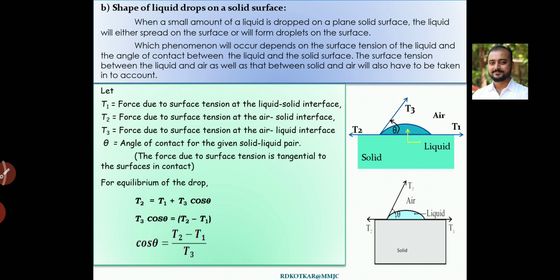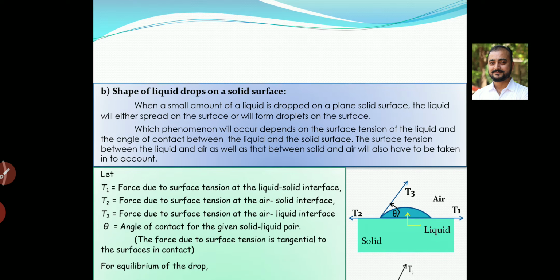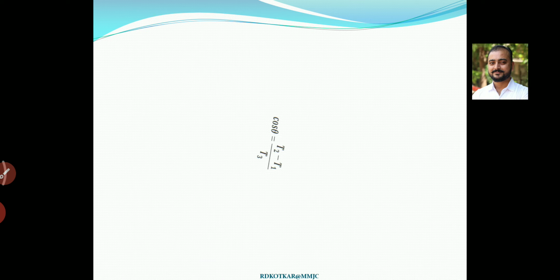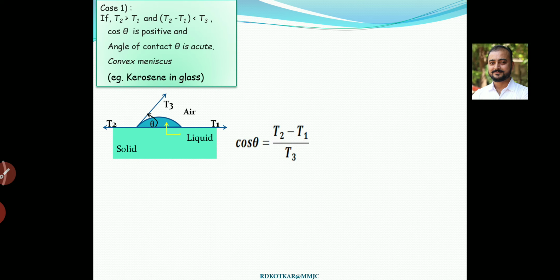Here the angle of contact is now decided. You can observe here our formula is cos theta is equal to (T2 minus T1) divided by T3. Now, related to that, we have to consider case number 1.